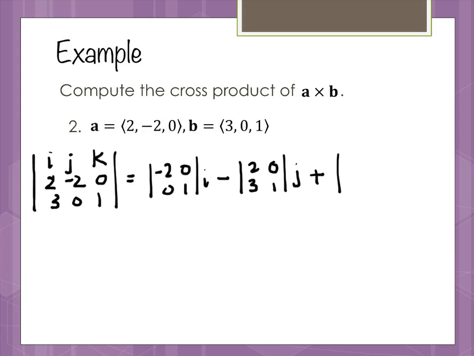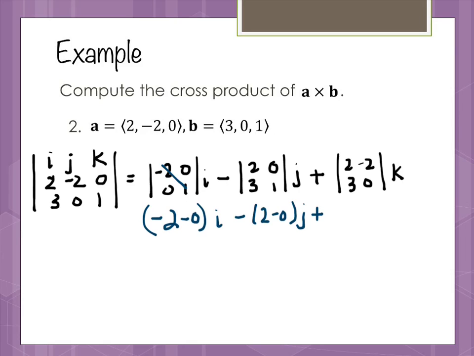And then we have a positive, and we're going to get the left corner, which is 2, -2, 3, and 0, and that's times k. And then each one of these is going to be expanded. So this is actually going to give me -2, and then technically minus 0. I'll write them in for this one just so you can see it. Minus, and again, this one's going to give me 2, and then minus 0, because 3 times 0 is 0, j, plus.